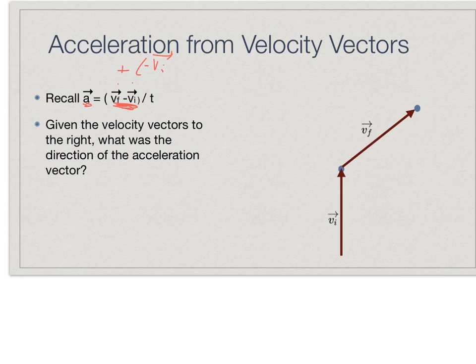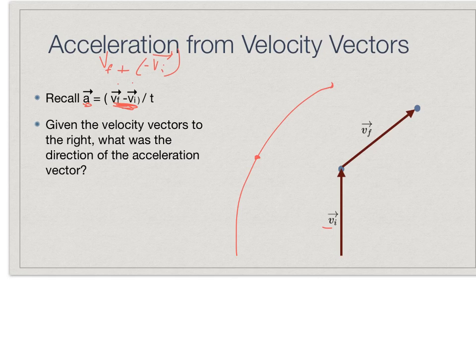So this is the same thing as final velocity plus the negative initial velocity. I have my initial velocity here and my final velocity here, and something is turning like this. We're just taking two points, here and then here, and taking a rough estimate of what's going on in between.